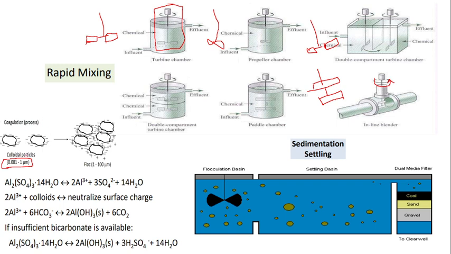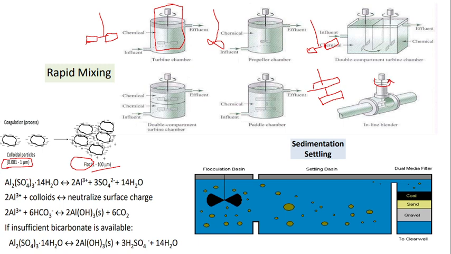The charges will be occupied around the surface of the particle. They will be attracted like this. Each small particle, when they come together as a larger particle, is termed a floc, which is generally 1 to 100 microns in size. Since it is larger, it will easily settle down.